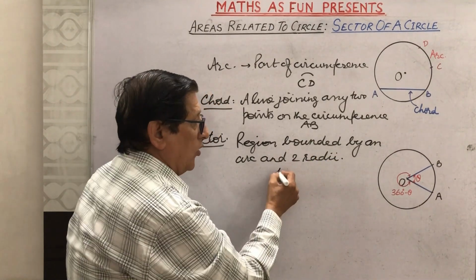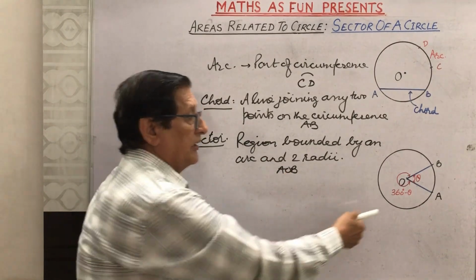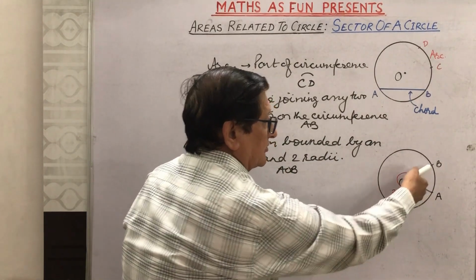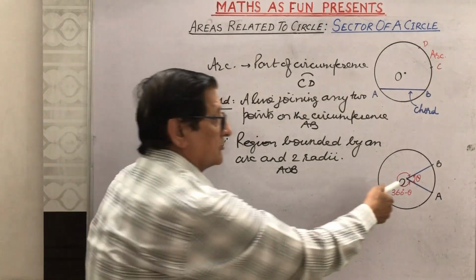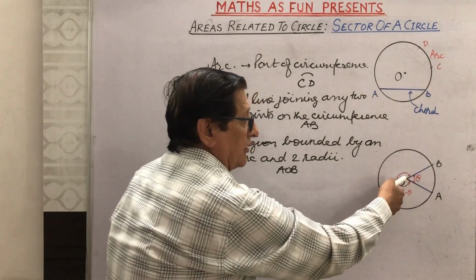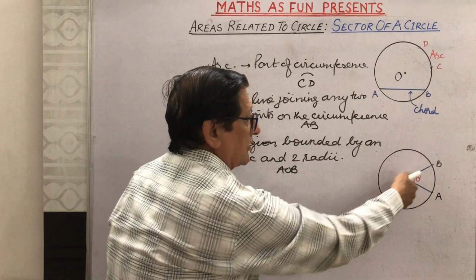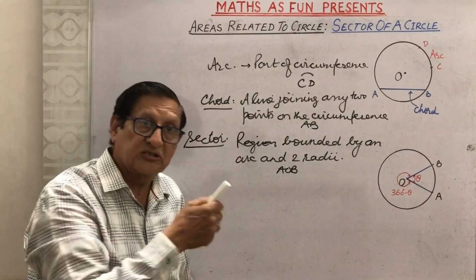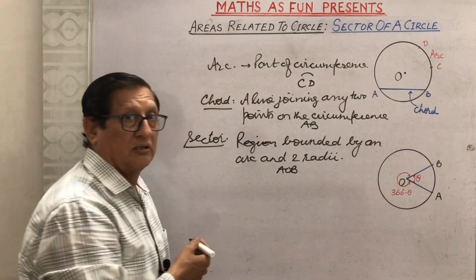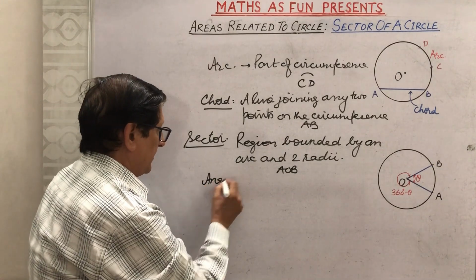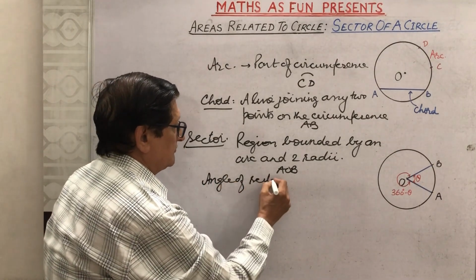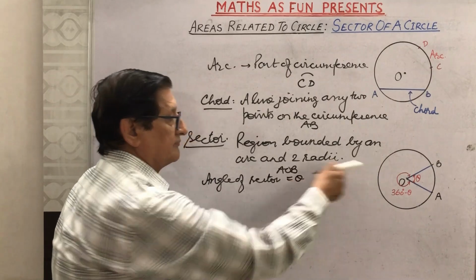Like AOB is the sector here. And this theta, which is the angle subtended by this arc at the center, is known as the angle of the sector. Angle of sector is theta here.